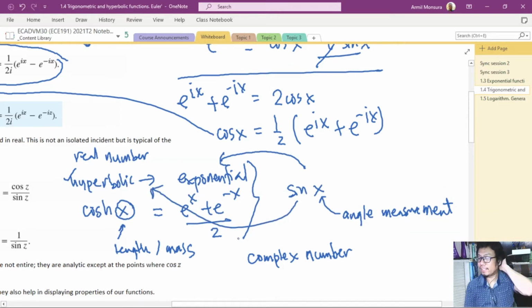But that only happens when they take complex numbers as arguments. When x here and x here are complex numbers, these two will be related to each other. And we will try to establish those properties that connect the two in the complex number domain.